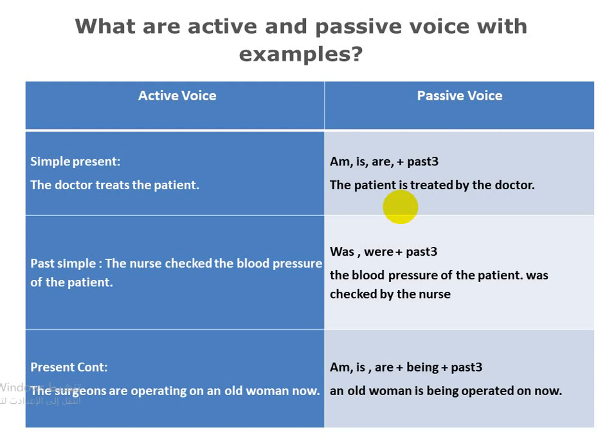I said before we have three kinds of verbs. Number one, regular. Number two, irregular. And number three, verbs that stay as they are.